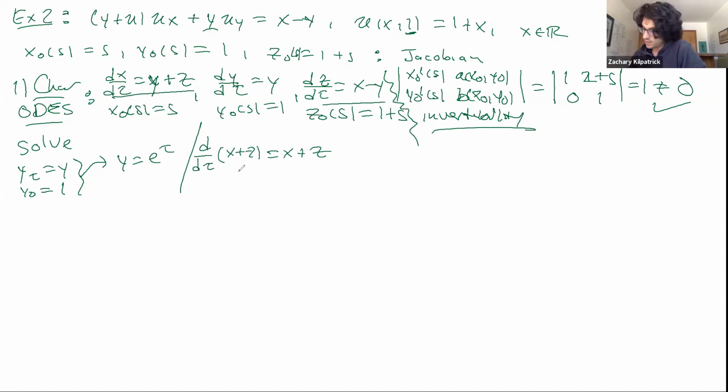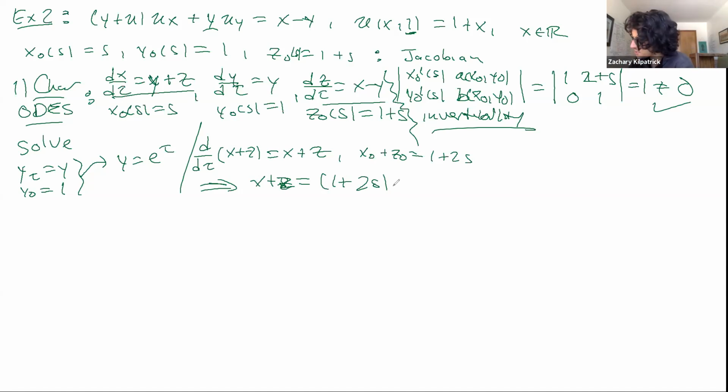So this, along with my initial condition, x0 plus z0 equals 1 plus 2s, means that x plus z is equal to 1 plus 2s times e to the tau, okay? So what I can do now is say z is equal to 1 plus 2s e to the tau minus x, okay?